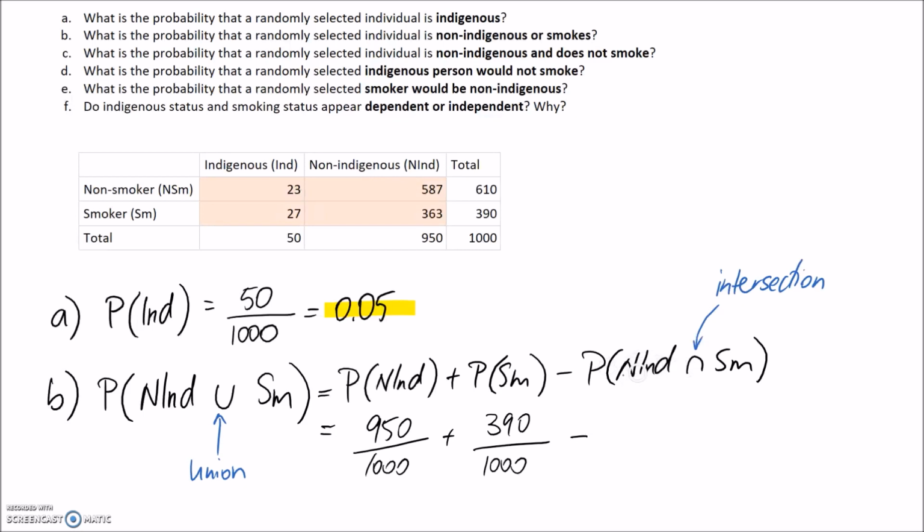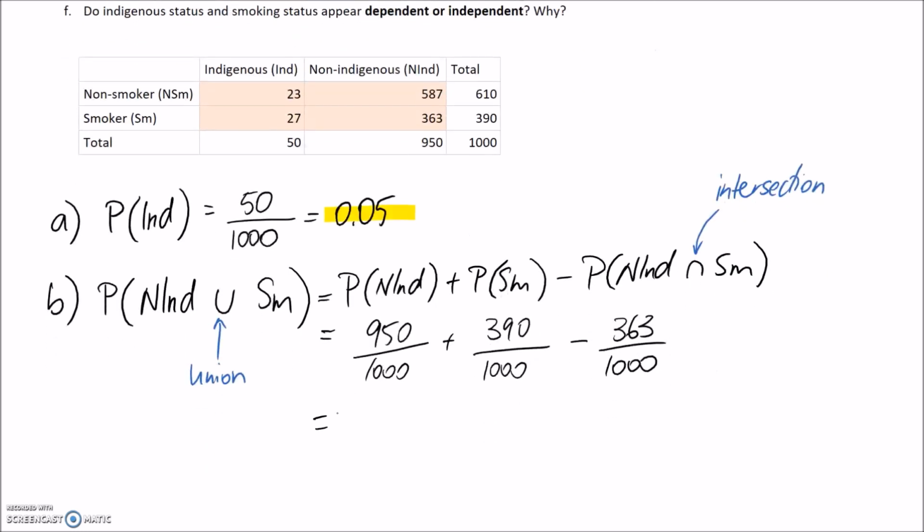Minus, we need the probability that you're not indigenous and a smoker at the same time. So smoker, not indigenous, so it's the intersection of these two row and column. That's 363 out of 1,000. So if we go and type that into a calculator, we should get our answer out, and I got about 0.977 as the probability there.